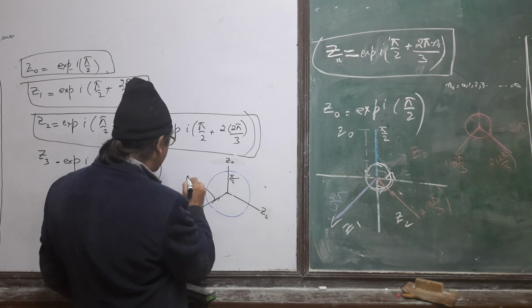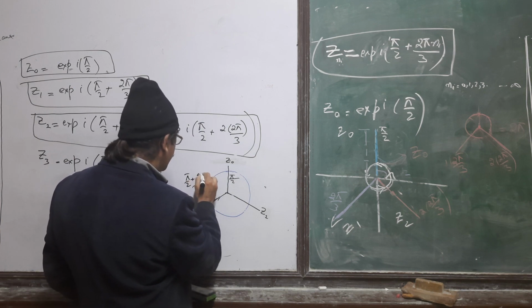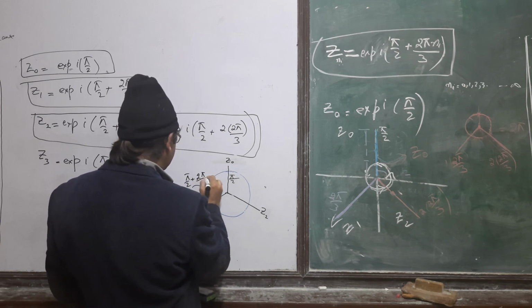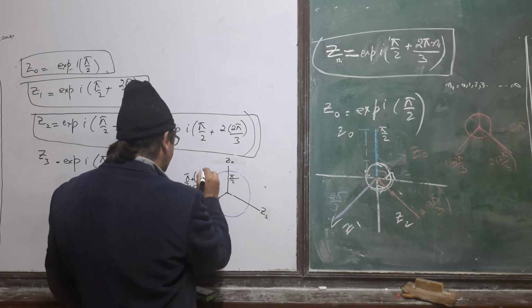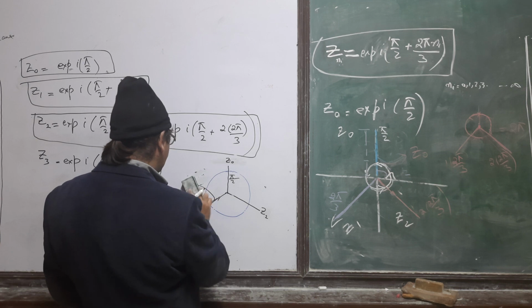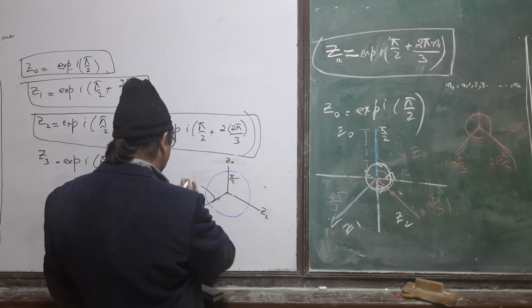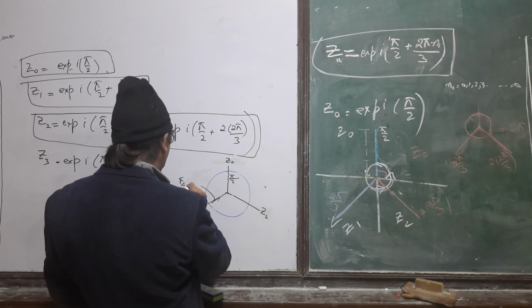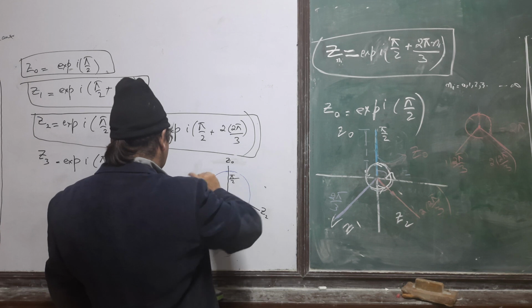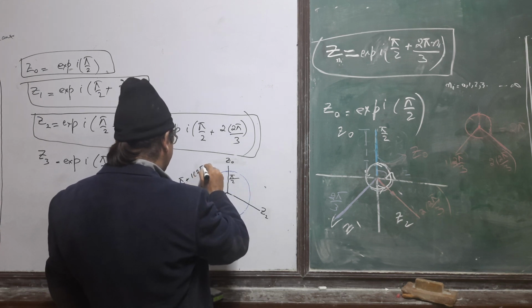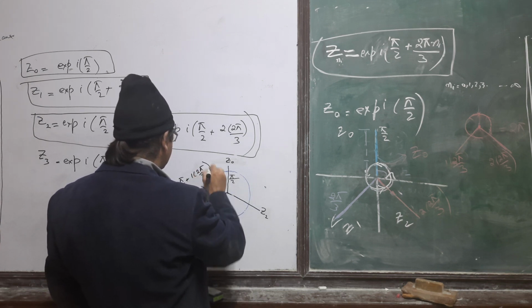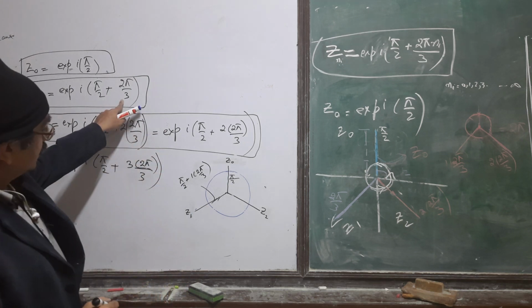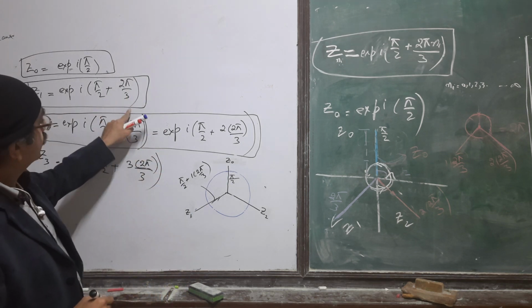This will be pi by 2 plus 2 pi by 3. Okay, and multiply. This will be pi by 2 plus 1 multiplied by 2 pi by 3.